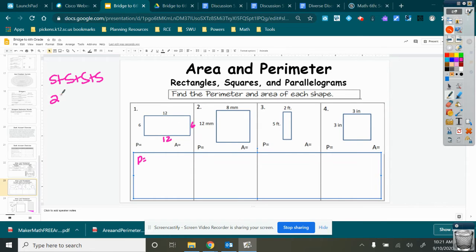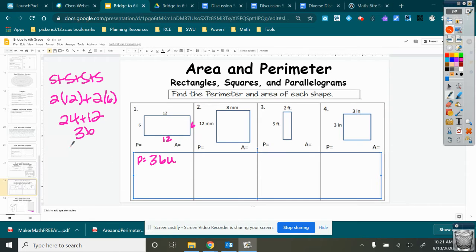We can do 2 times one of the sides and add that to 2 times the other side, okay? Either way, we'll get the same answer here. The perimeter of this rectangle is 36. And remember, since there aren't any units, we're just going to use a U for units. We can't just leave the units off because it has to be being measured with some units.